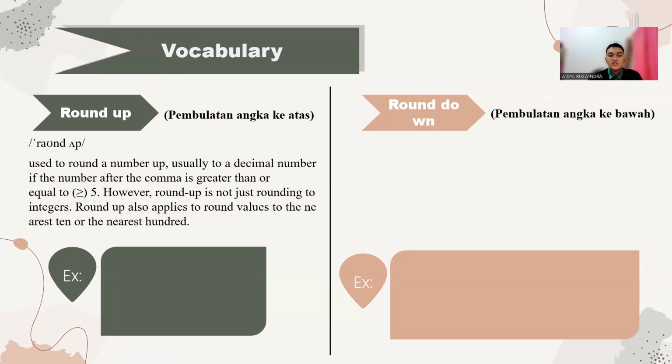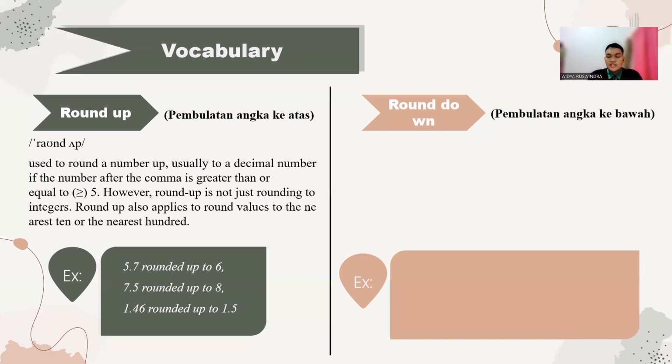However, round up is not just rounding integers. It also applies to rounding values to the nearest 10 or to the nearest 100. For example, 5,7 rounded up to 6. 7,5 rounded up to 8. 1,46 rounded up to 1,5.